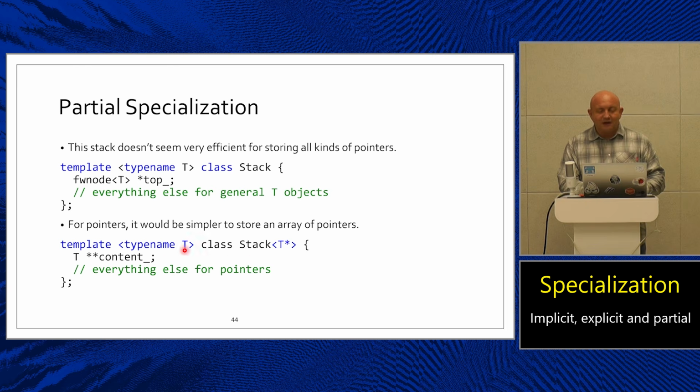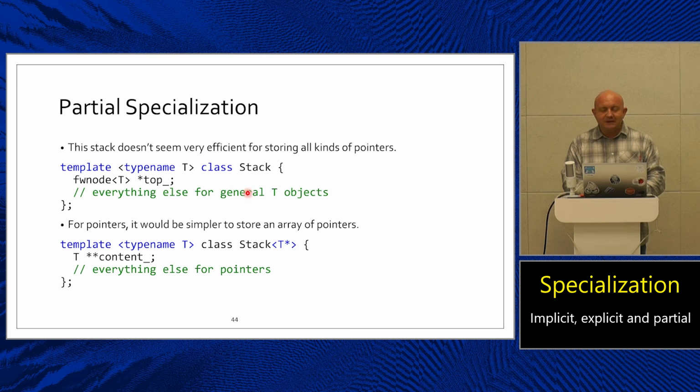This is how we tell the compiler, use this different optimized implementation of stack not for one specific type like int, but for any type that is a pointer. Int pointer, double pointer, my class pointer, you name it. Here we've partially specialized this stack of T pointer.